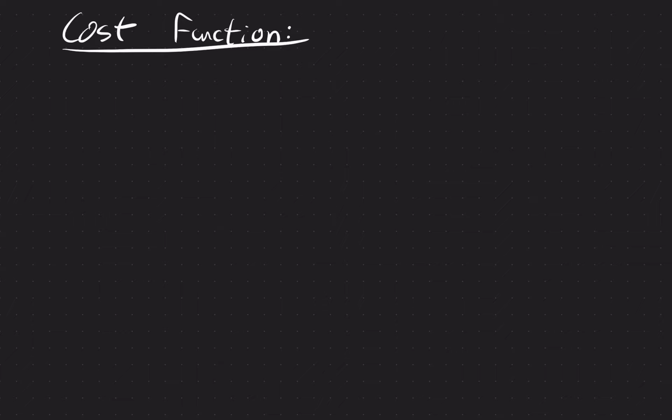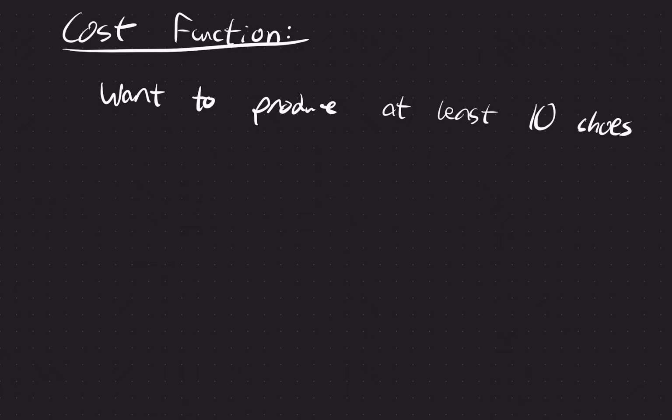So, say I want to produce at least 10 shoes, and I want to do it for as cheaply as possible. That's the notion of a cost function, figuring out the cheapest way depending on each of the input prices. I have to consider how much the shoelace costs, the leather costs, all the different pieces.